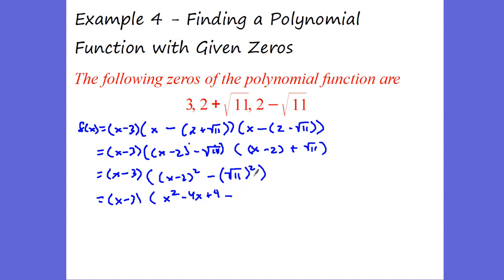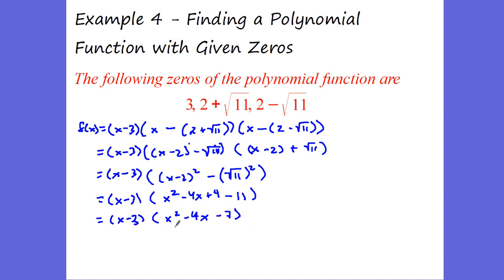Minus square root 11 squared, which is minus 11. Now what do we want to do with this 4 and 11? This 4 minus 11, we're just going to call that negative 7. So are you guys cool if I do another step. So we have x minus 3, we have x squared minus 4x minus 7.